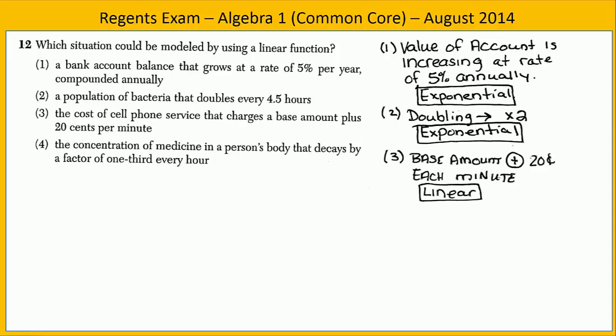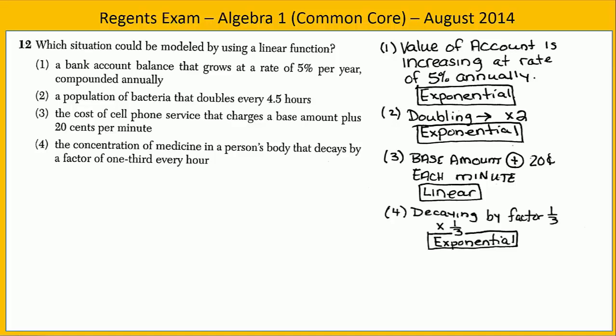In choice 3, we're told that the cost of a cell phone service that charges a base amount plus 20 cents per minute is another option. We have a base amount plus 20 cents for each minute. That's repeated addition. When we add repeatedly, we have a linear function. Choice 3 is linear.